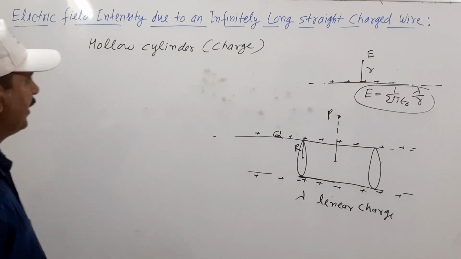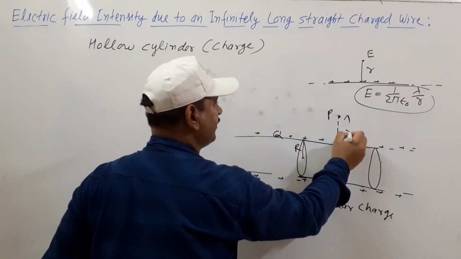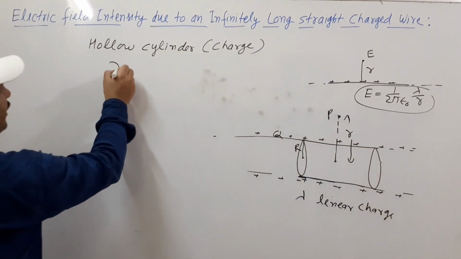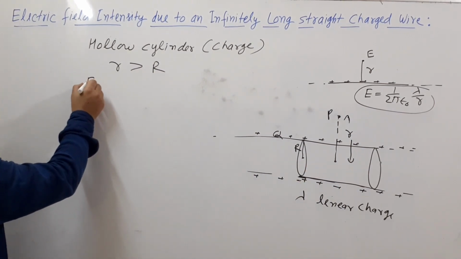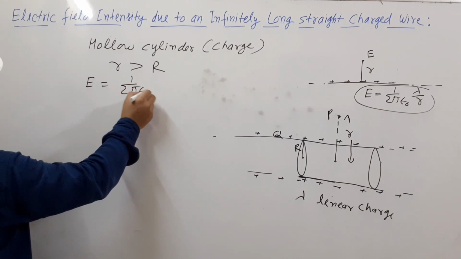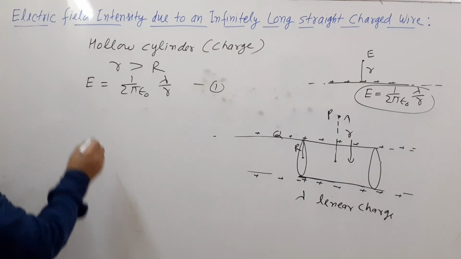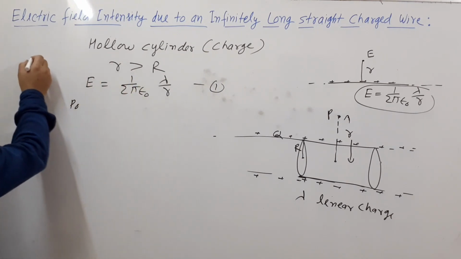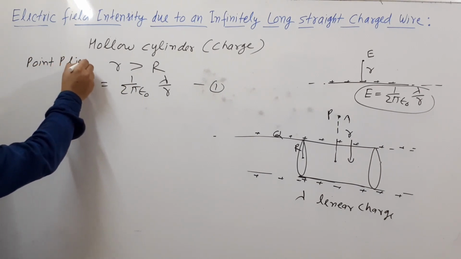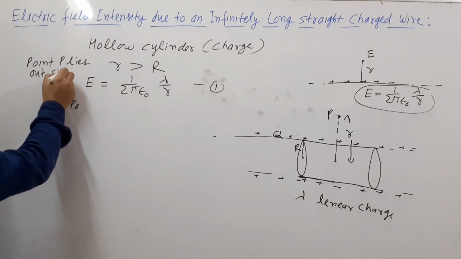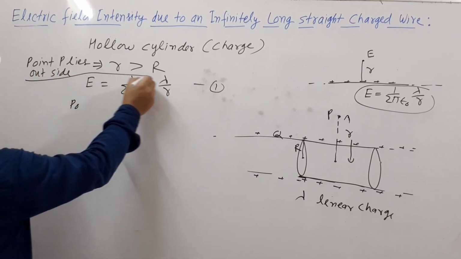See here, if point P lies outside, meaning this distance R from the center, R is greater than the radius, at that time the formula for electric field intensity E is 1 upon 2 pi epsilon naught lambda upon R. If this point P lies outside, that is, small r is greater than capital R.